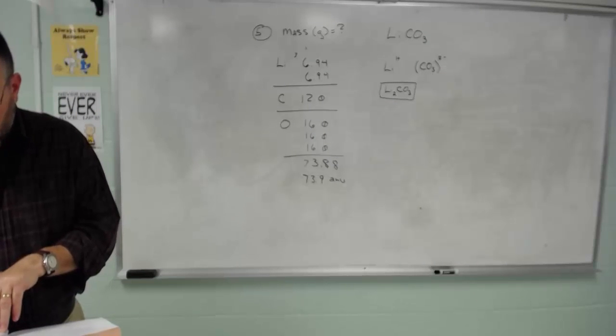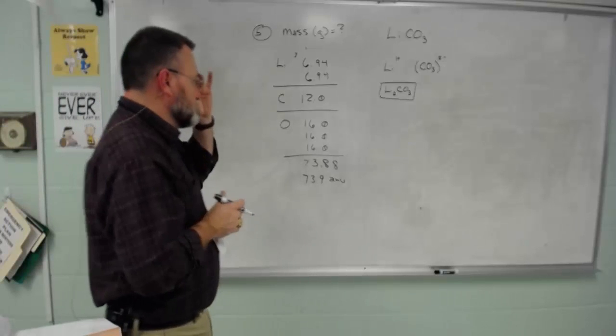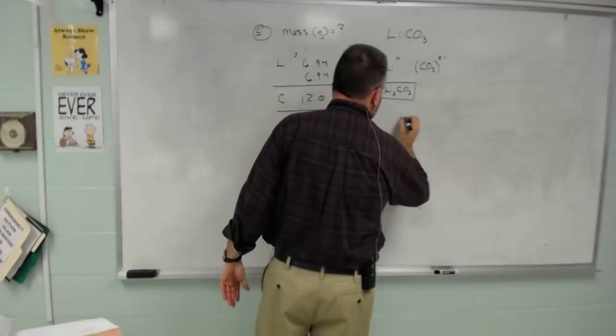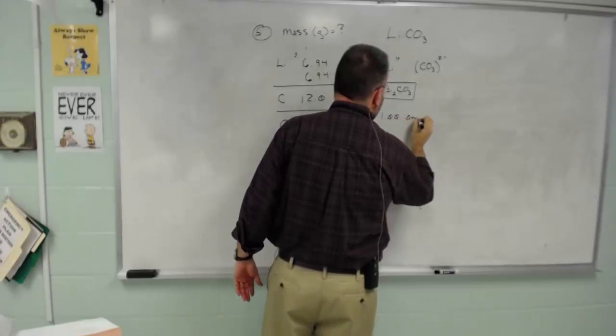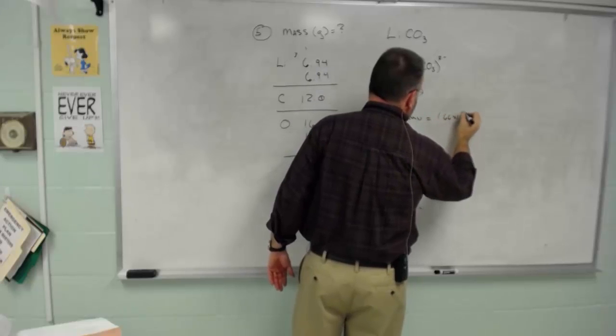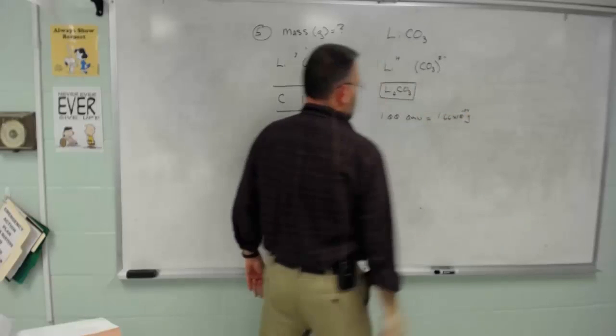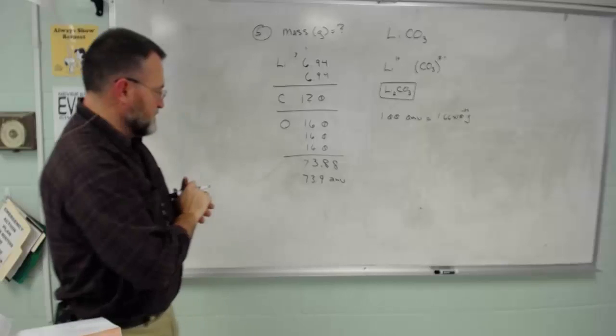And in the text, it gives us again the conversion factor of 1 AMU is equal to 1.66 times 10 to the negative 24th grams. So there's my statement of equality that I can use to build a conversion factor.